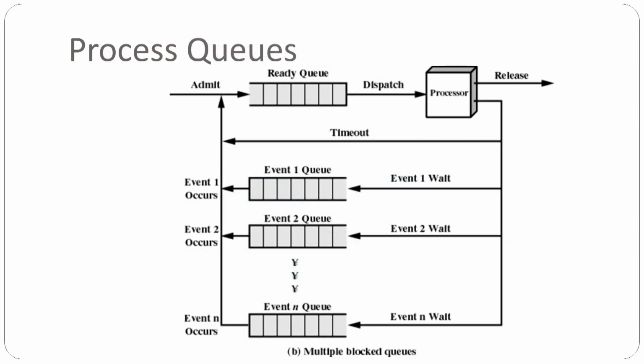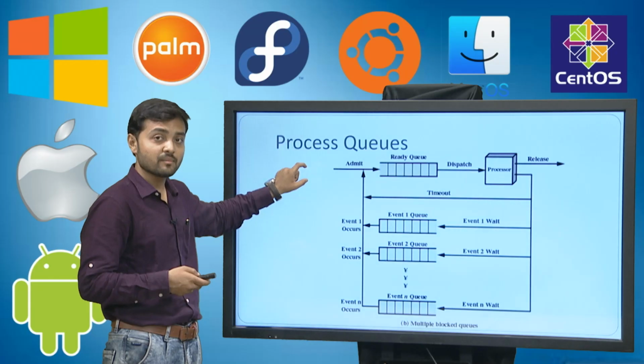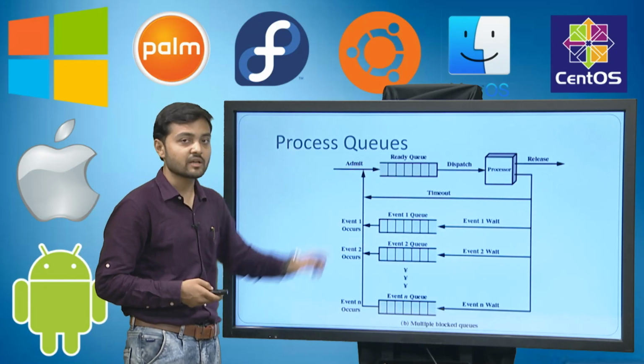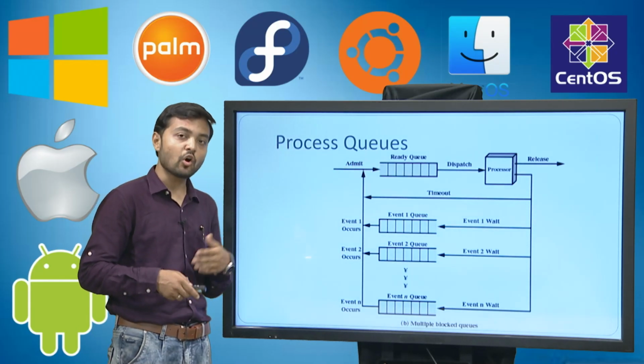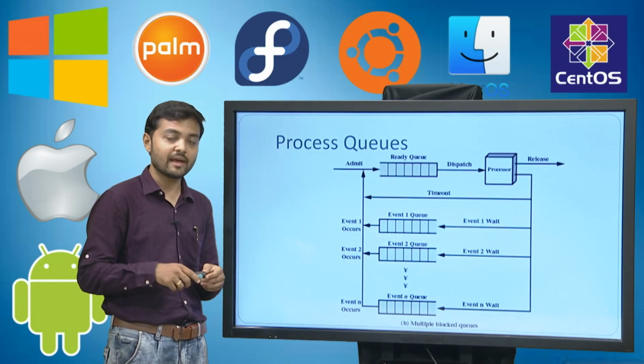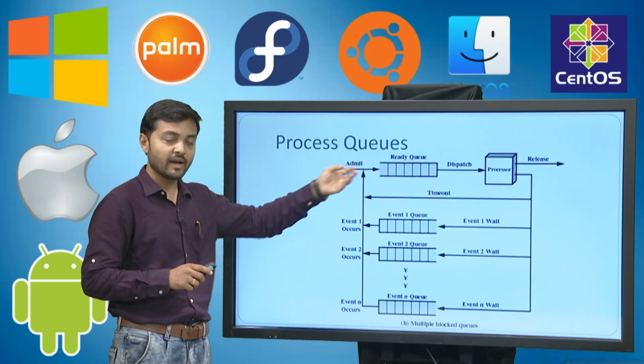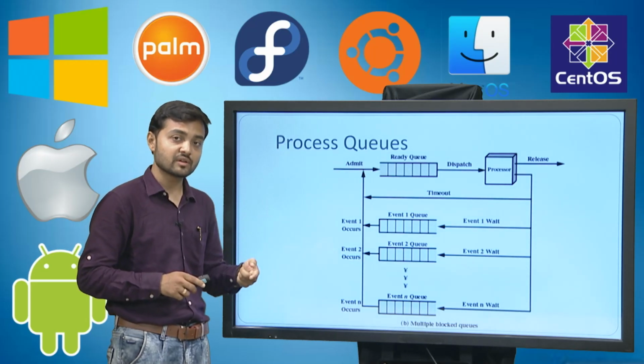Next, the process queues. Whenever a process gets created and gets memory, it will be stored in the ready queue. This ready queue contains all those processes which have all the resources available except the CPU. It means all the processes are in main memory and all these processes need the CPU.